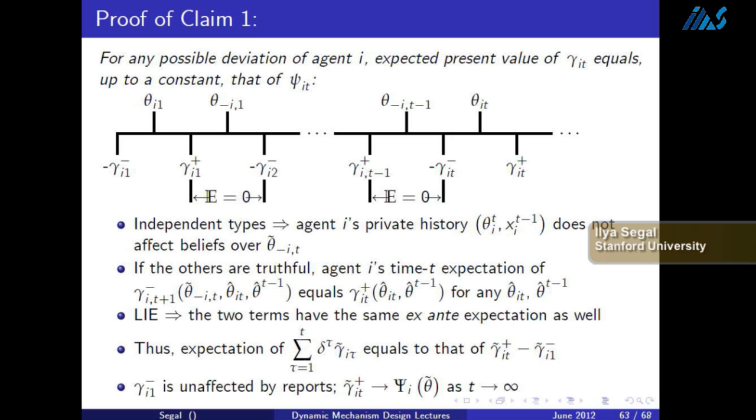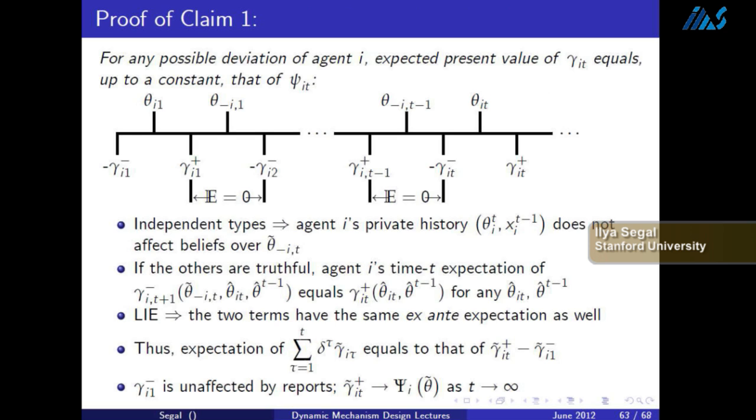But which things cancel out is different depending on whether you look at your own incentive term or at the incentive terms of the other agents. When you look at your own incentive terms, intermediate things cancel out, and you get exactly what you want. When you look at the incentive terms of the other agents, things cancel out within period, and you get exactly 0, which is also what you wanted.